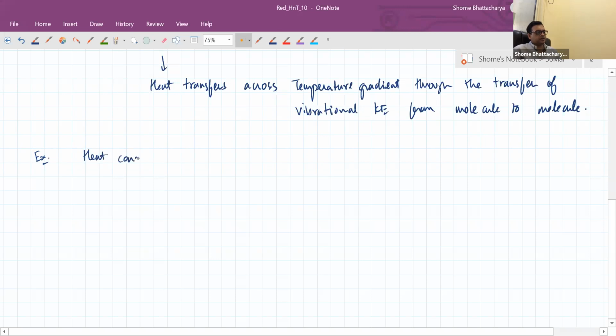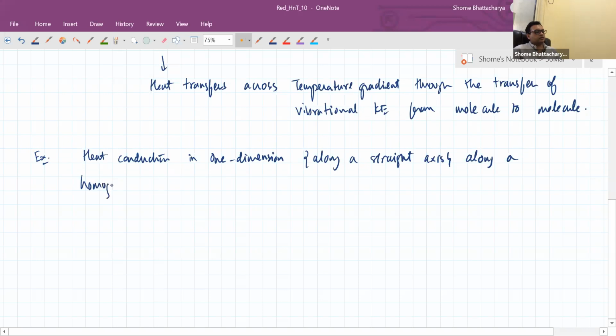heat conduction is happening in one dimension, okay, or along a straight axis, okay, along a homogeneous or isotropic.